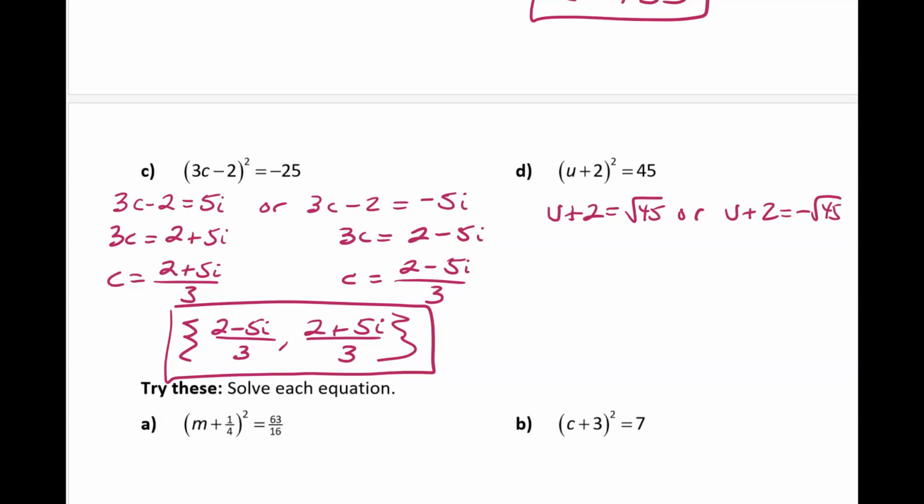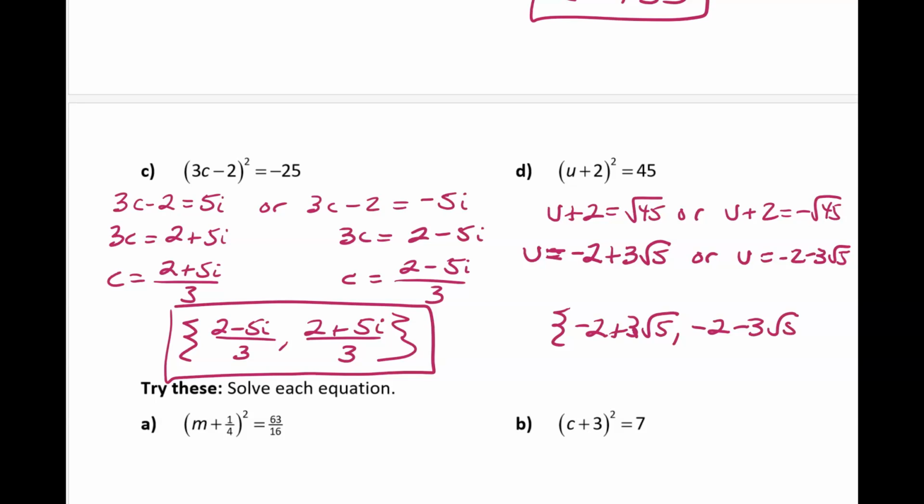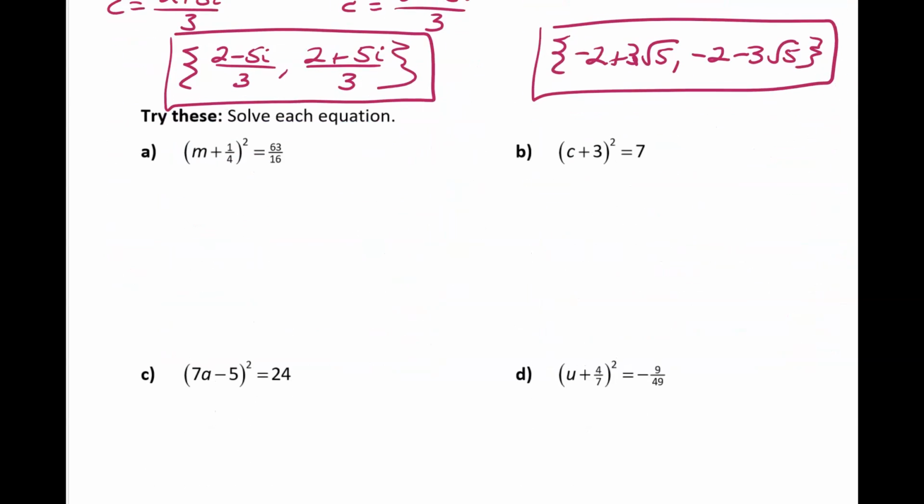We're going to simplify that, but we're also going to subtract 2 from both sides, so negative 2 plus, and square root of 45 simplifies to 3 root 5, or u equals negative 2 minus 3 root 5. Again, solution set, you can put the solutions in either order you wish. Doesn't matter. All right, your turn to try a few.